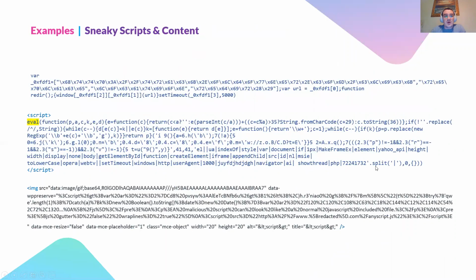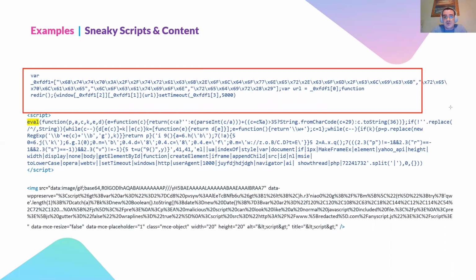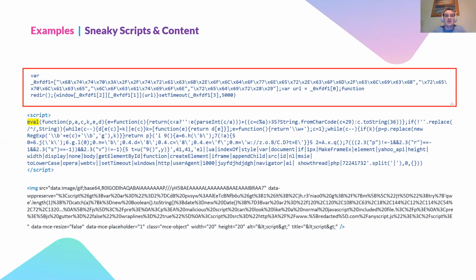Also, when it comes to suspicious scripts that could be a potential issue for us, I have included a few examples here, like this obfuscated piece of code, which, if we deobfuscate it, we end up with a JavaScript function that will redirect the visitor to a specific URL after 5 seconds.